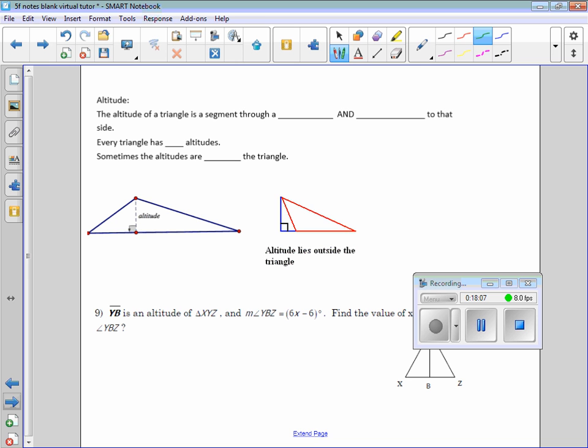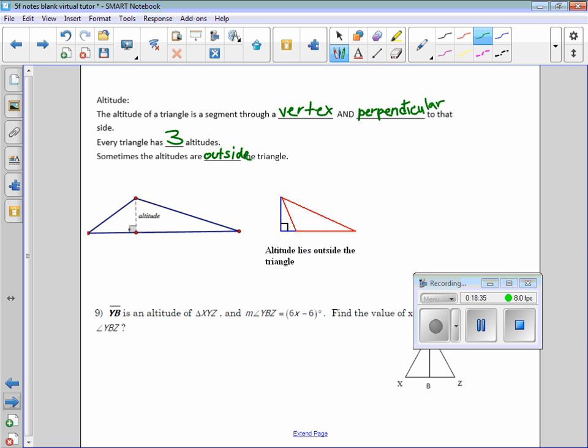The last one that we're going to look at is altitude. The altitude of a triangle is a segment through a vertex and perpendicular to that side. Every triangle has 3 altitudes, and sometimes the altitudes are outside of the triangle.